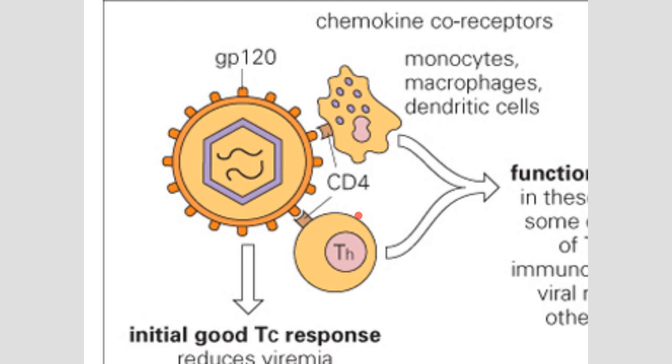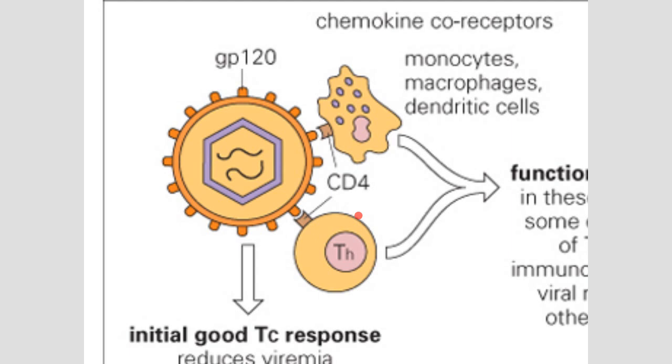Macrophages have CD4 and dendritic cells have CD4 on top of all the TH. It's not one TH1, TH2. All the T helper cells may have CD4. But 1, 2, 3, 4. There are 4 different types of cells that can recognize HIV virus.